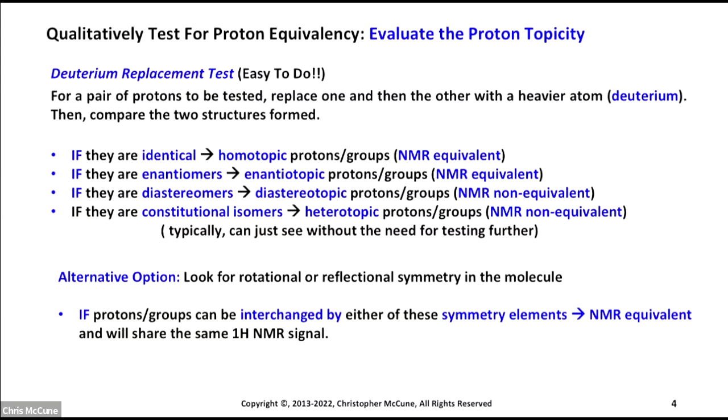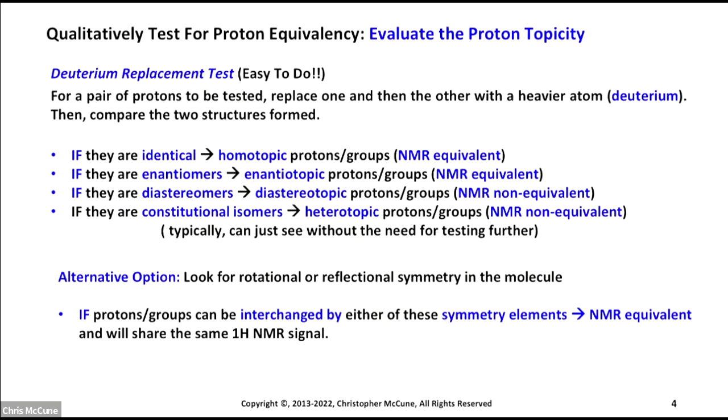If they are identical, you've got homotopic protons and groups. So those are NMR equivalent. If they are enantiomers, now you've got enantiotopic protons that you're comparing. So those are going to be NMR equivalent. But if the structures are diastereomers, now the original two hydrogens you are questioning are diastereotopic, okay?